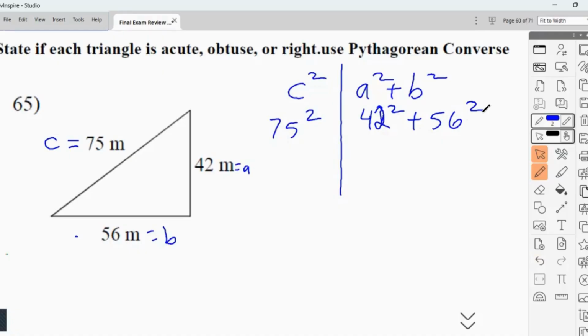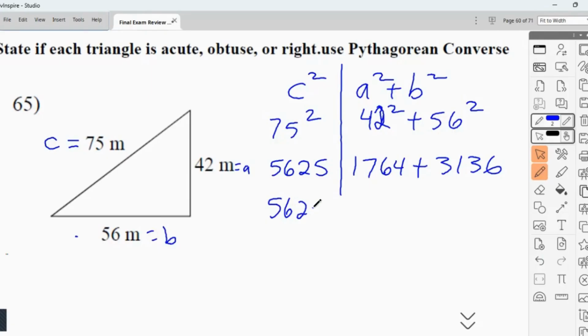So now, what we're looking at here, this will be 5625. And let's see what we got here. 1764. This will be 3136. So here we go.